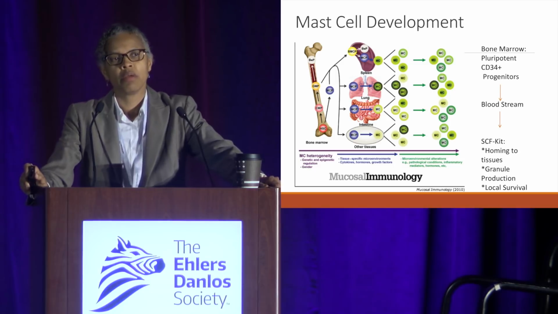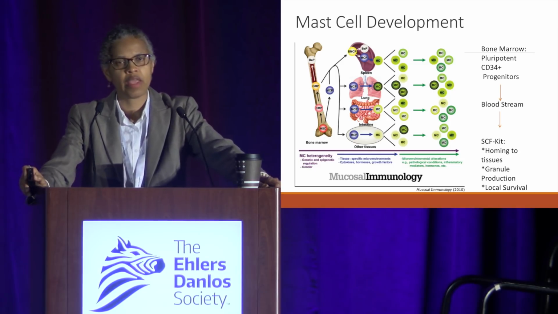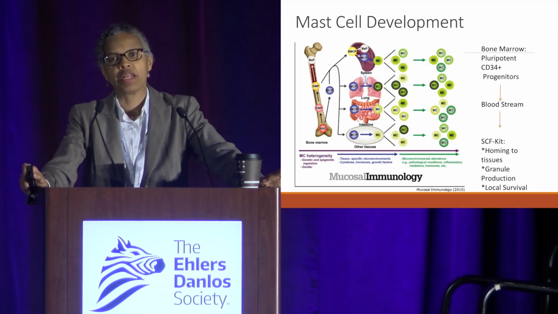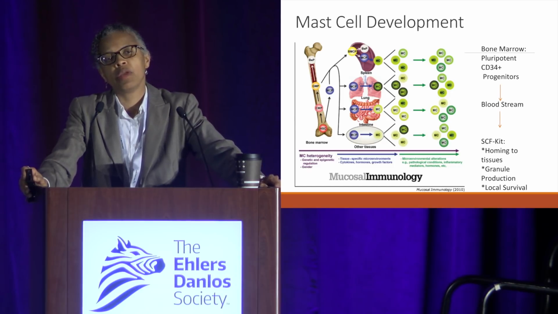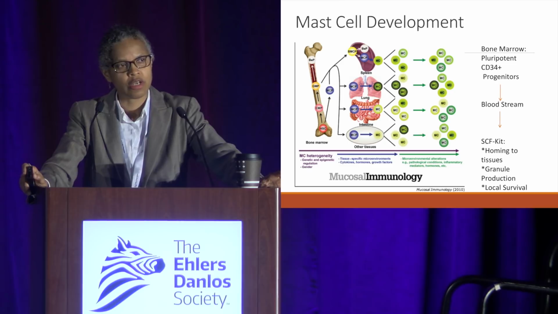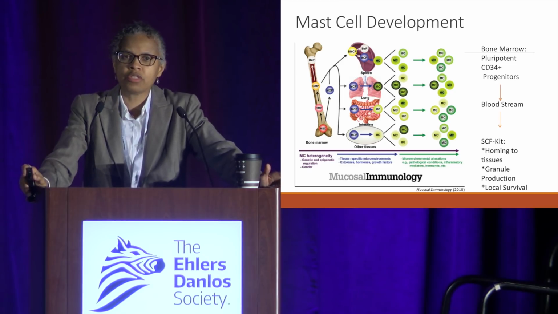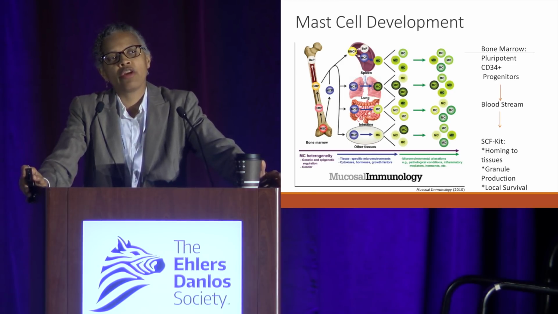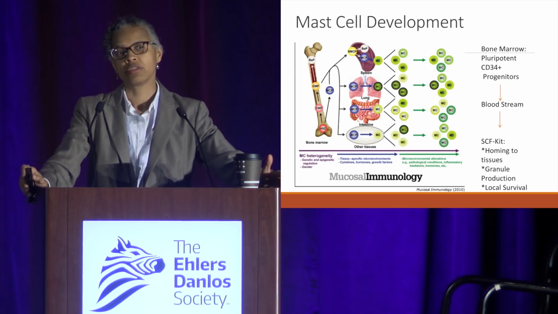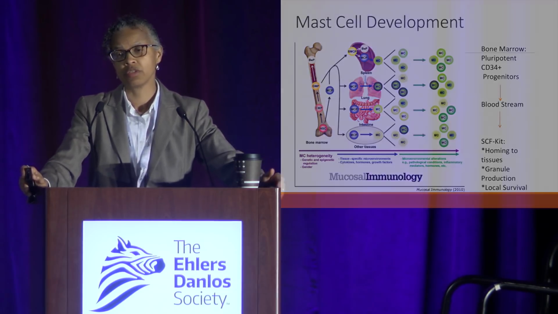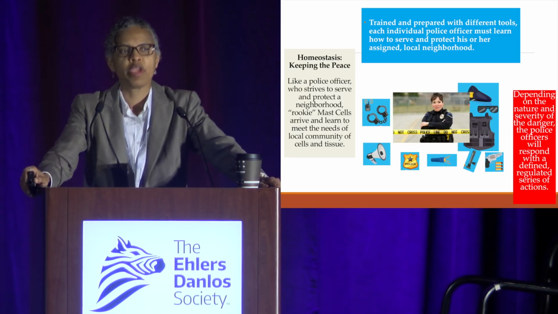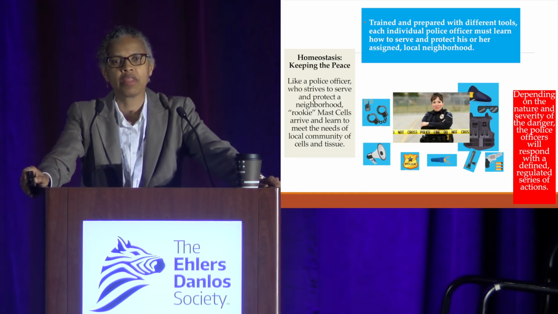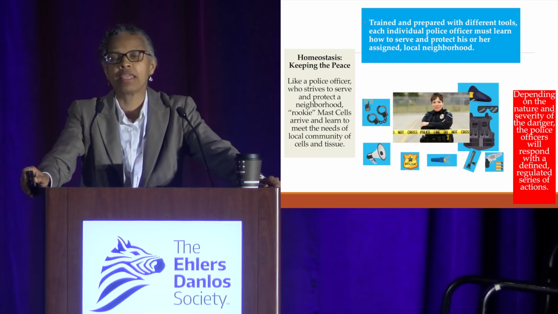So mast cells are born in the bone marrow, and that's where they get their initial training saying that you're going to be a mast cell. And then they get shipped out. Mast cells are a very heterogeneous cell population, and they are trained to serve and protect the community of cells that they've been assigned to. As I was mentioning yesterday, it's very similar to a man or woman who joins a police academy. They get their initial training, and then they get assigned a community.